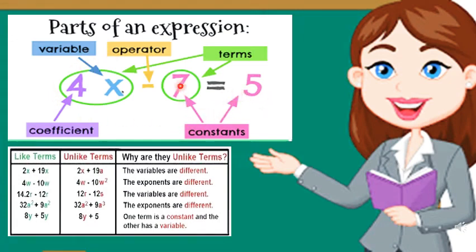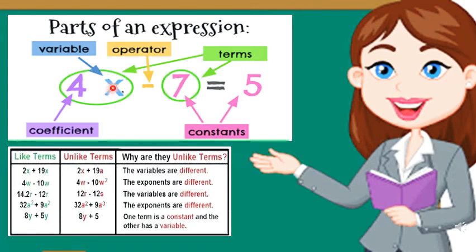And the number which has not been multiplied by any variable and stays separate is called as a constant, because the value of 7 remains 7 always. It will not change. Similarly, 5 will always be 5 wherever it is used. So it is called as a constant. But can you tell that 4x is going to be same wherever it is used? No, because we don't know the value of x and it can vary.